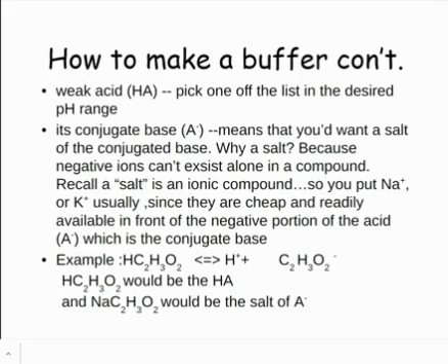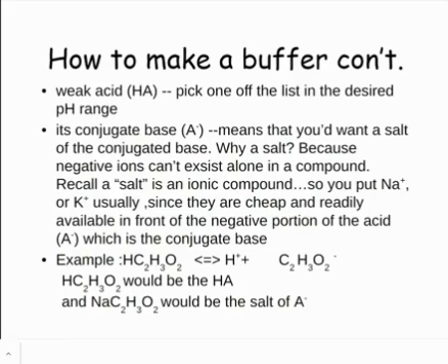So we need an ionic compound with a neutral spectator ion. Sodium or potassium are readily available. They're cheap. They're quintessential spectator ions so that they don't take place in any of the reactions. Therefore, they don't mess things up.